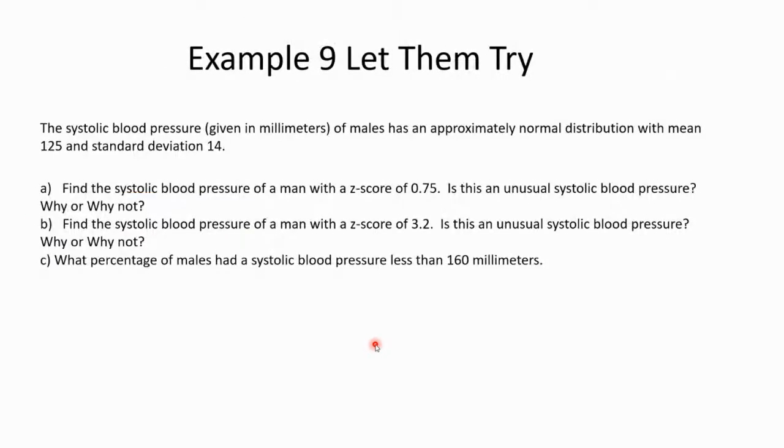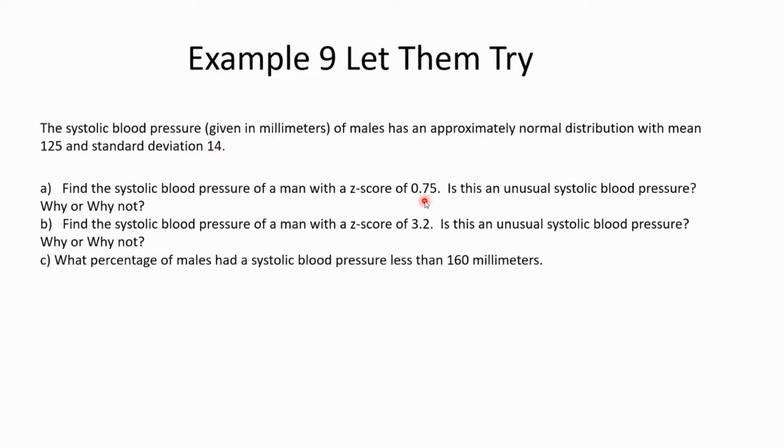Good. All right, this one I want everyone to try, but let me read the problem with you. This is a word problem from the book. Let's suppose the blood pressure of males has an approximately normal distribution with mean 125, standard deviation 14.